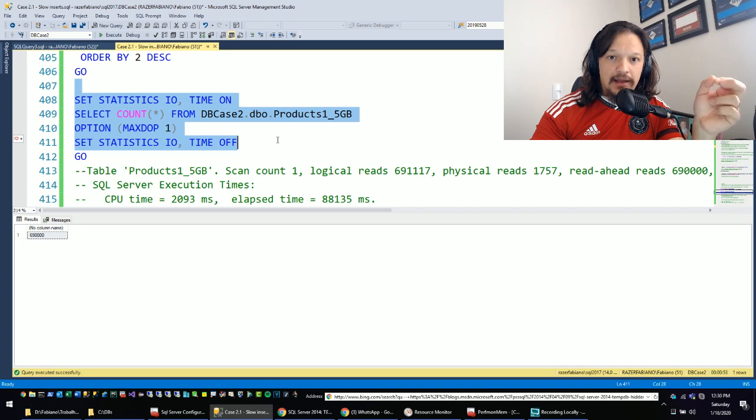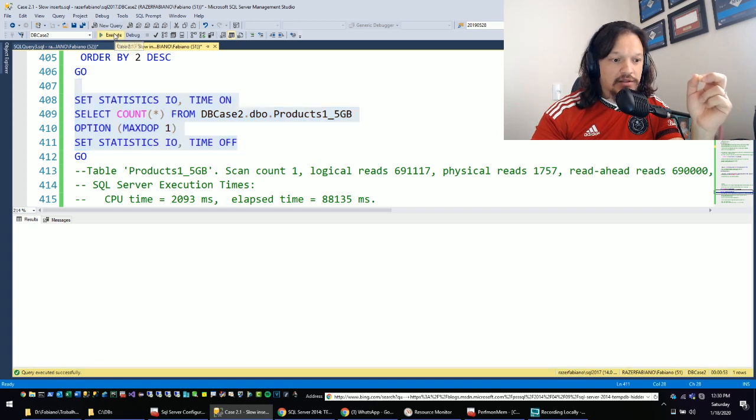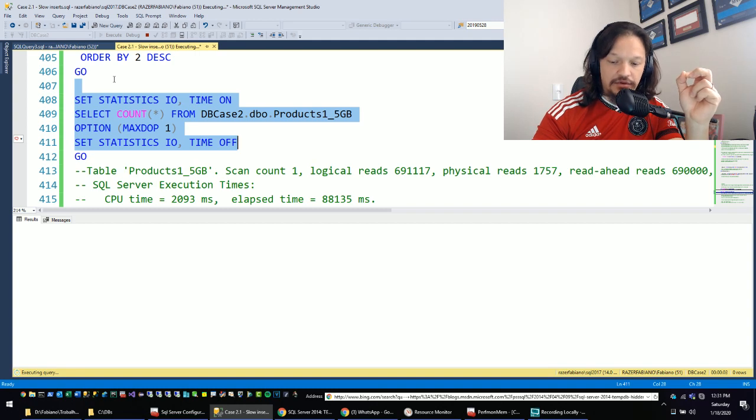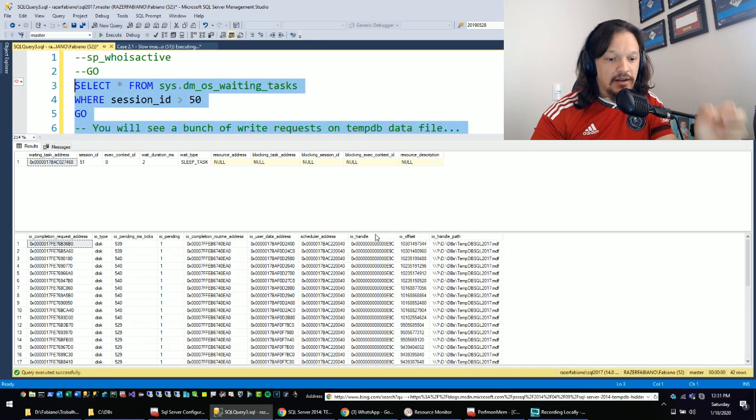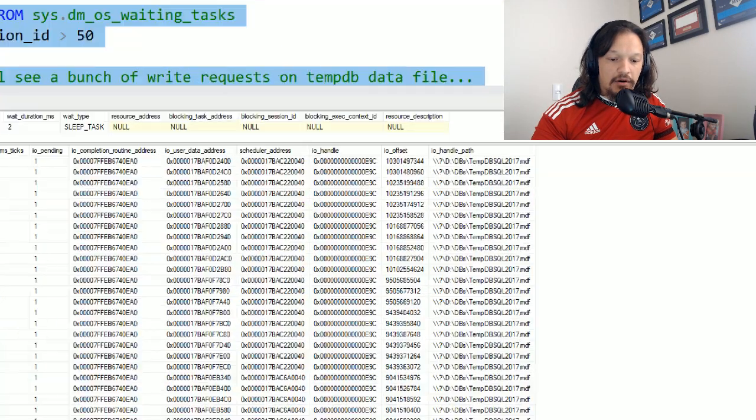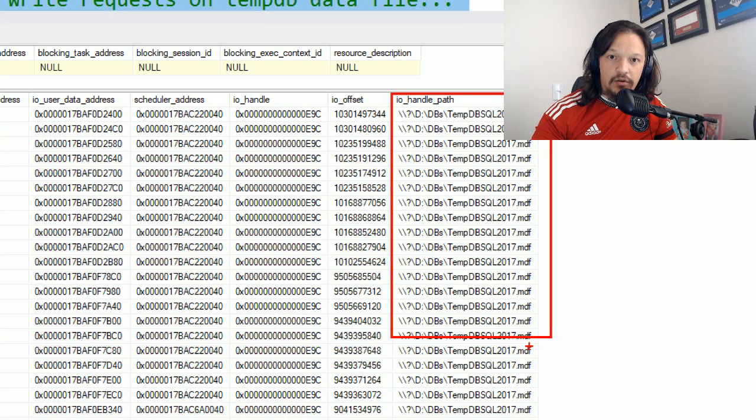If I run it again, look at what's going to happen. 1, 2, 3. It's still reading the data from the disk. And if we come back here and look at the IO again, there we go, more IO going on the tempdb file. Why?